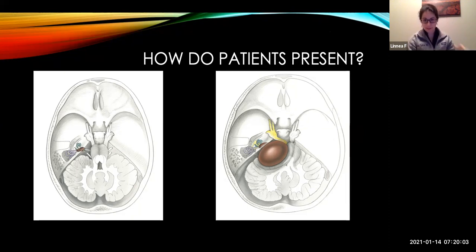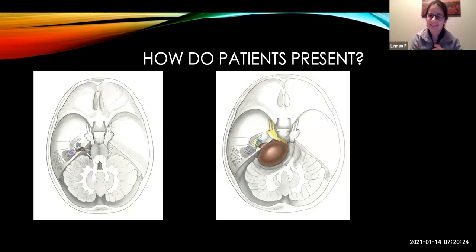That can be a very early symptom, just unilateral tinnitus. And the hearing loss can start early. It's more of a slowly progressive hearing loss. It doesn't tend to come and go, unless it gets to a particular size where it compresses more of the vessels. That's a thought on why sudden sensorineural hearing loss can happen in these patients.